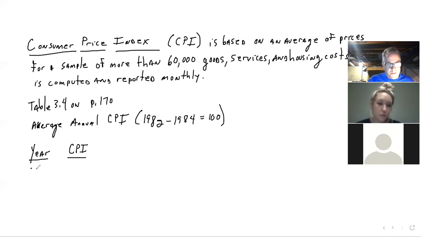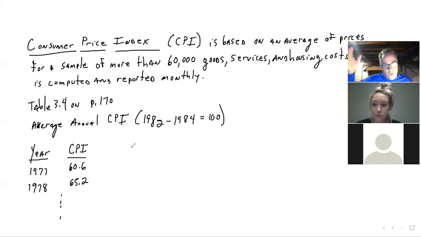The table in the book starts in 1977 and the CPI is 60.6, and then 78 is 65.2, and so on. This particular table goes all the way through 2016.